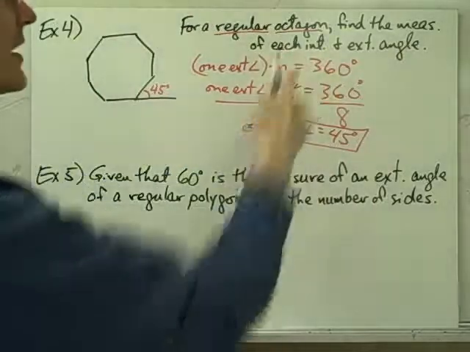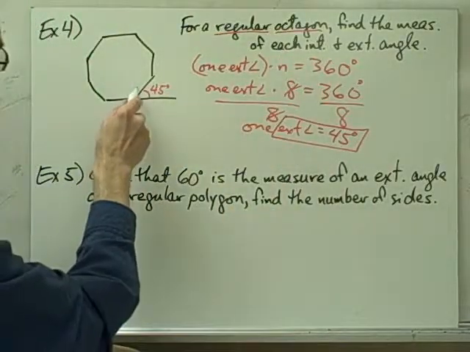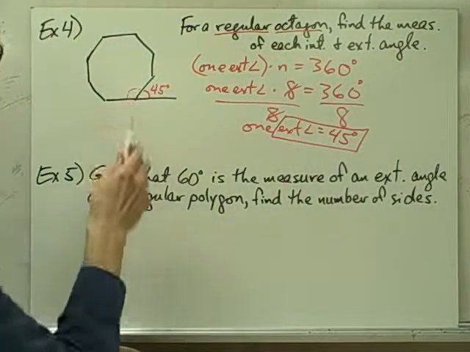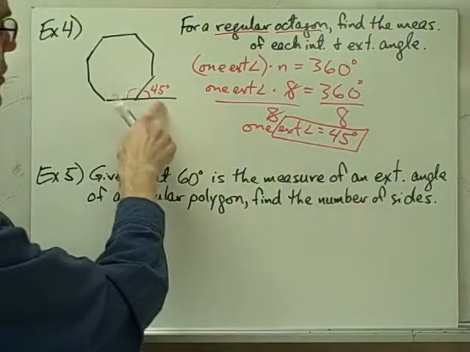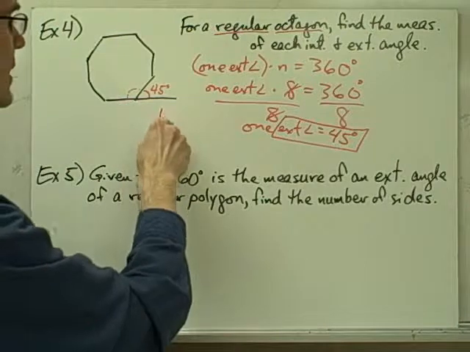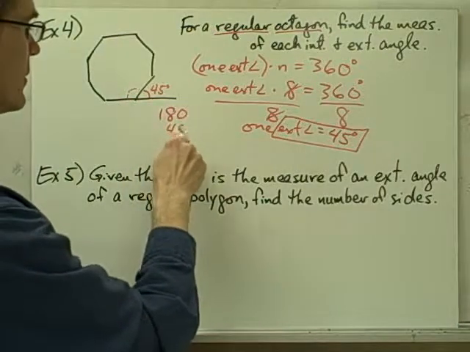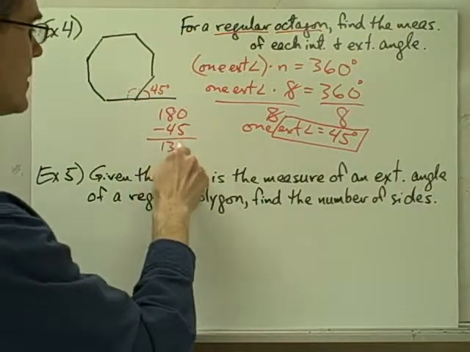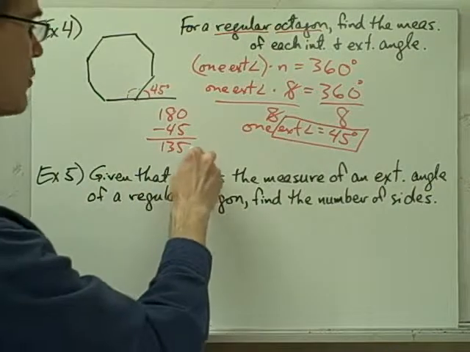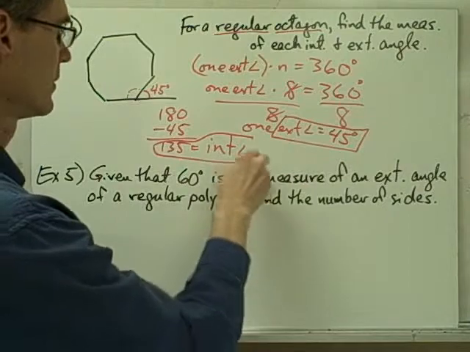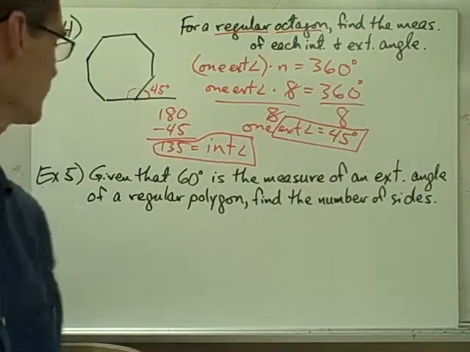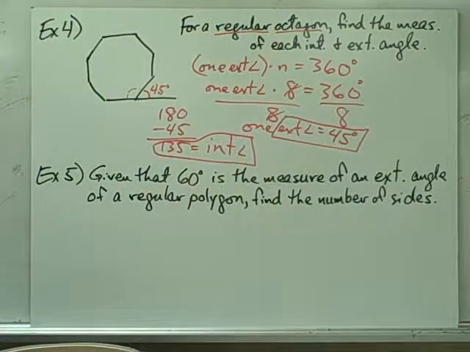Now all I have left is to find the measure of an interior angle. Well, my interior angle is this angle here, which forms a linear pair with that exterior angle, which means all I need to do is subtract 45 from 180, and 45 subtracted from 180 is 135. So now I know my interior angle of my regular octagon.